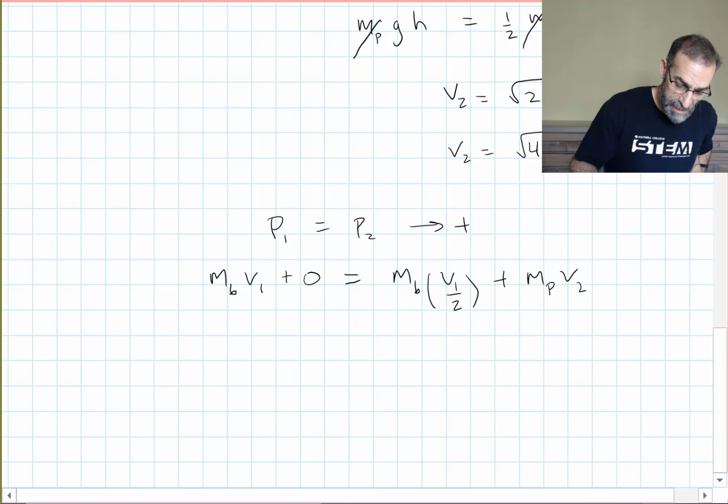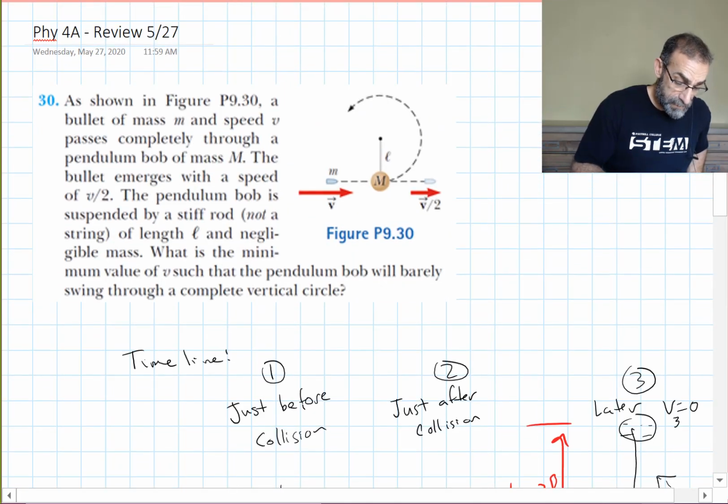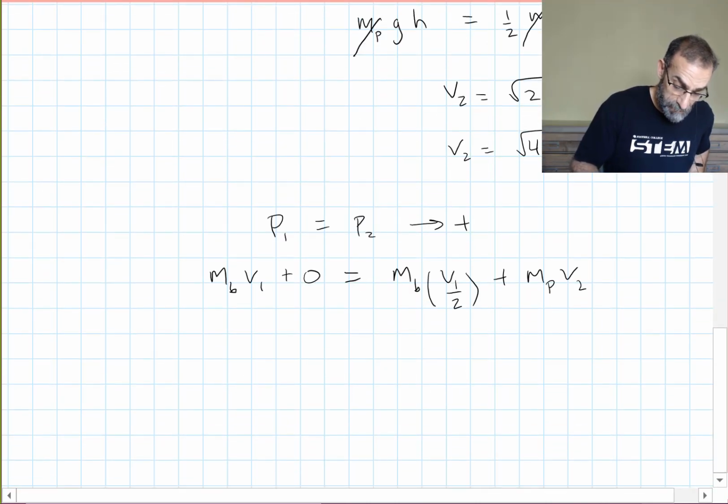Okay, let's plug in for V2. We've got the square root of 4GL. We know all the masses, right? Lowercase m, capital M, and yeah, so we can solve it now. We're basically done. As soon as we plug in this value, we're done.